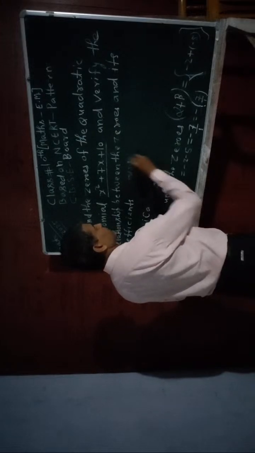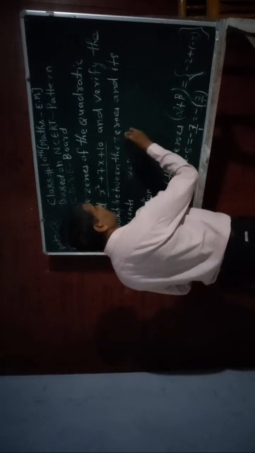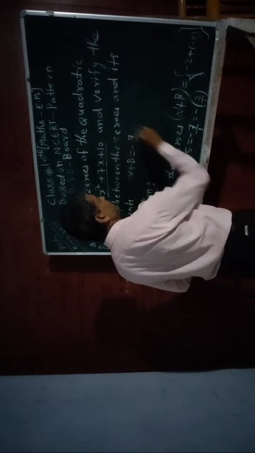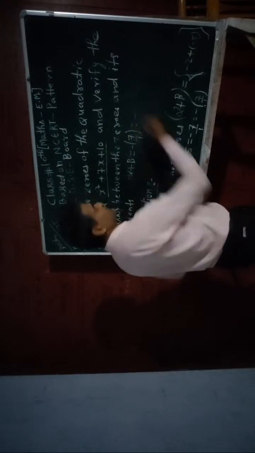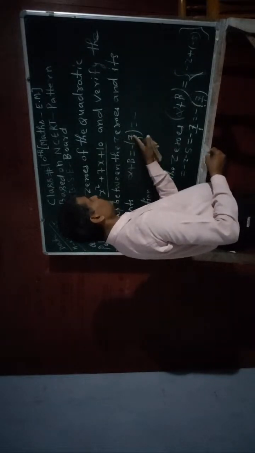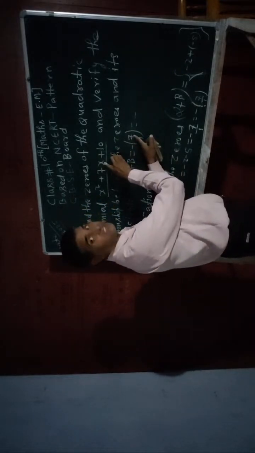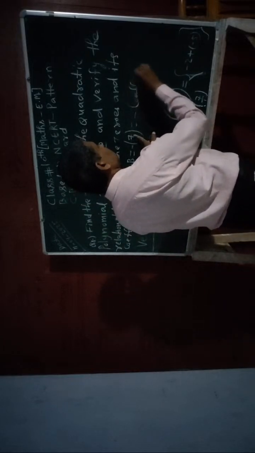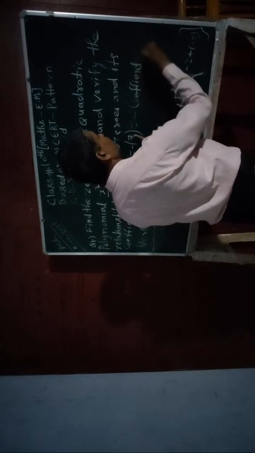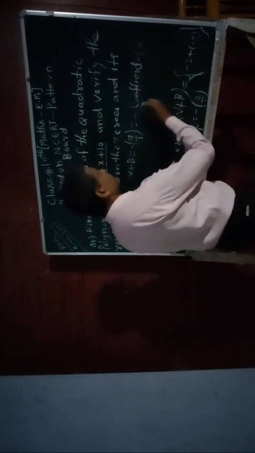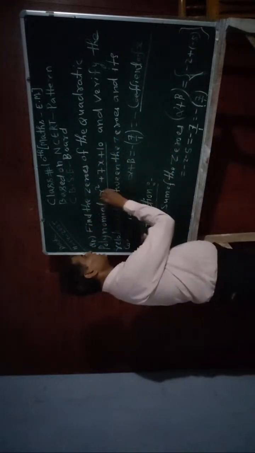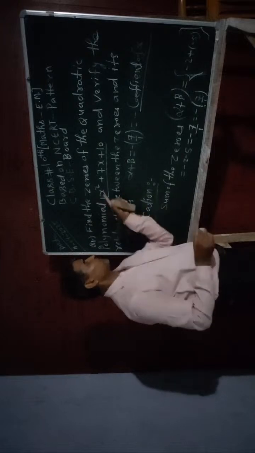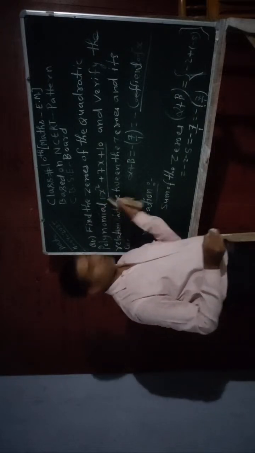So alpha plus beta is minus, and -7 divided by 1 is available. In the minus I put here, and in the place of 7 I say this is the coefficient of x. In the place of 1 I say the coefficient of x square, since the coefficient of x square is 1.